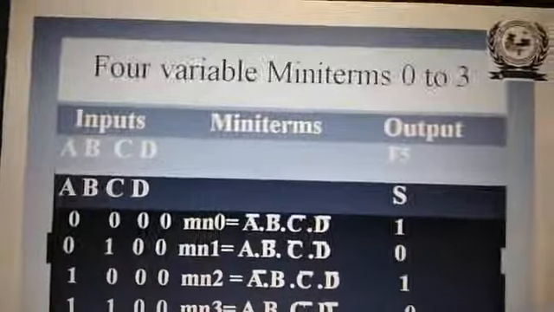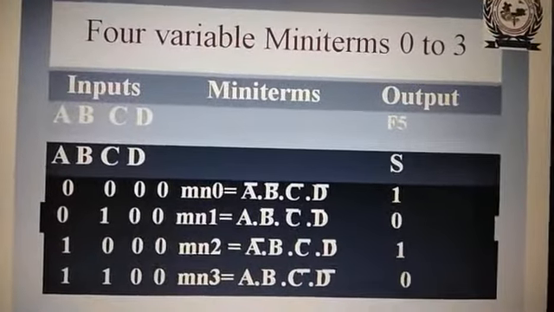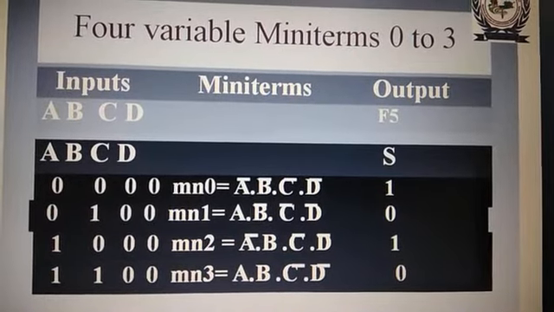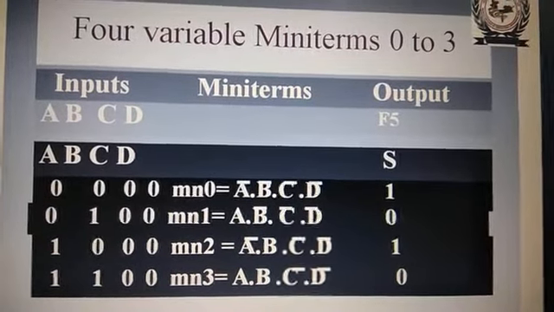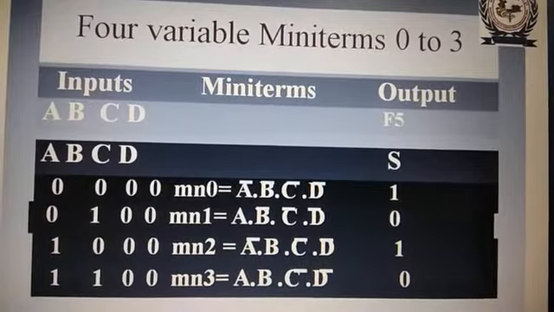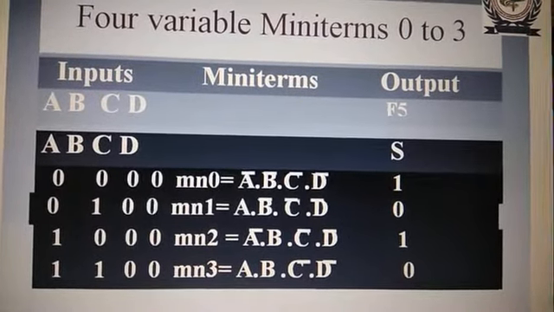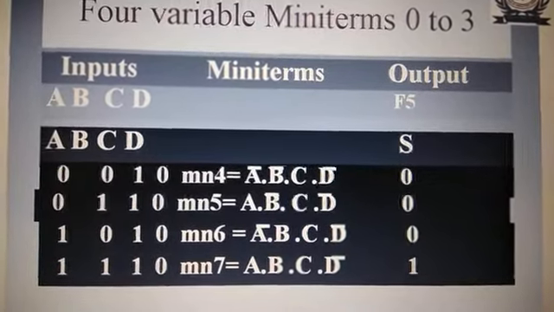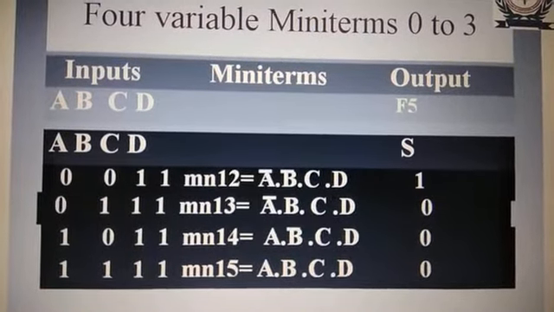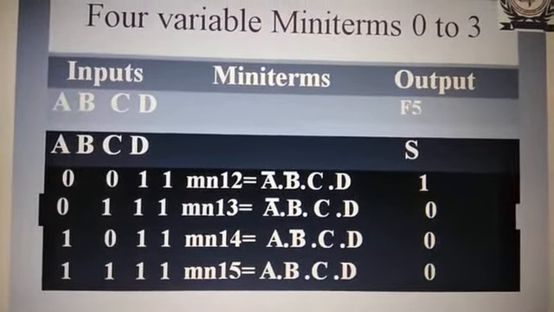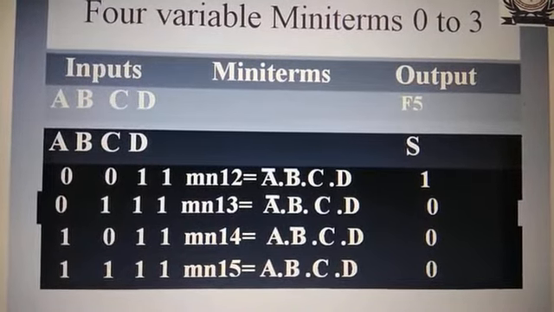Four variable min terms 0 to 3, A, B, C, D. So 16 possible combinations are there. Similarly, you can find for the 4 variables min term 0, 1, 2, 3, 4, 5, 6, 7, 8, 9, 10, 11, 12, 13, 14, 15 in terms of products like this.